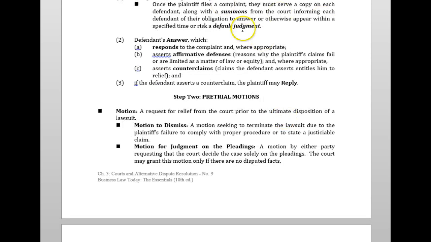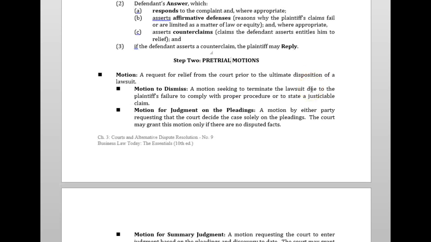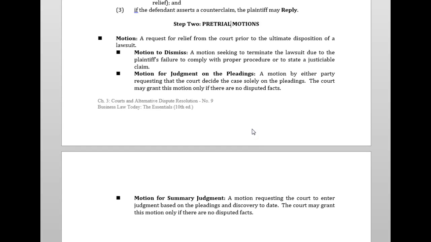Then, after all of this is taken care of and settled, you have what they call pretrial motions. And a motion is a request for relief from the court prior to the disposition of it. You could have a motion to dismiss. You could actually move for a judgment on just the information that's been given to the judge or the court at that time from the pleadings above.